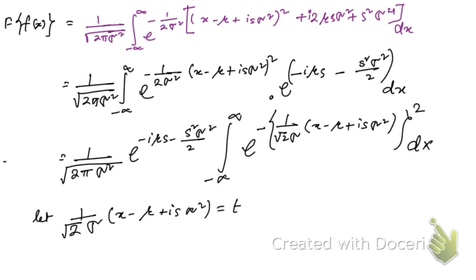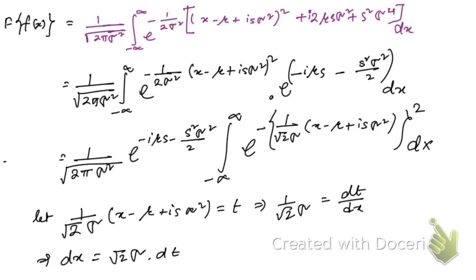If you differentiate both sides with respect to x, then you're going to have 1 by root 2 sigma, and derivative of x is 1, so we have got dt equals dx divided by root 2 sigma, and that is why dx is gonna be equal to root 2 sigma into dt. That's what we're gonna have, right?